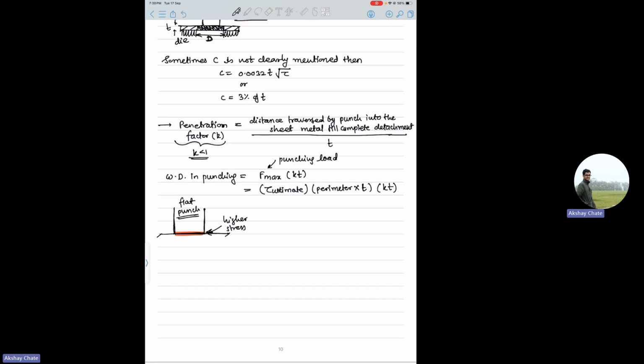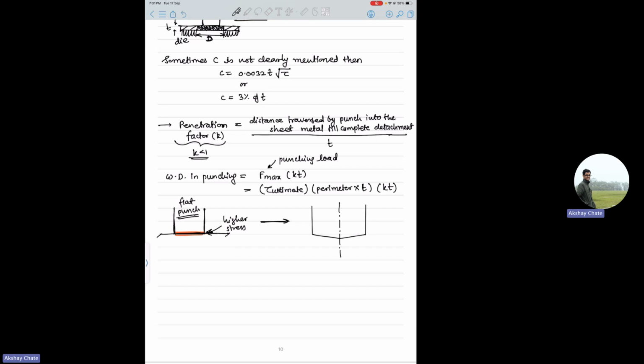So what they typically do to avoid this is provide some shear. Instead of having a flat punch, you usually have some incline. Not necessarily like this; ideally it is something like this. If you see the actual punches, they are symmetric about the central axis. So this will be your center axis.